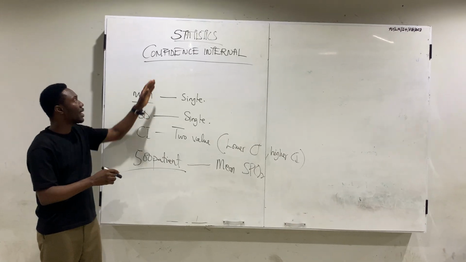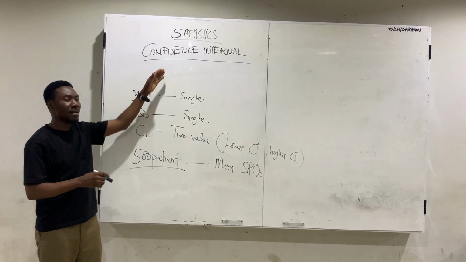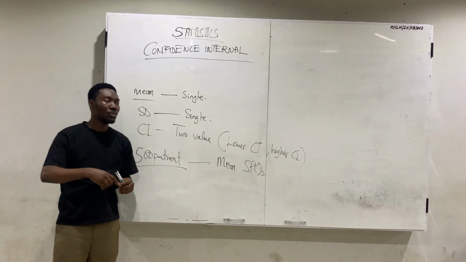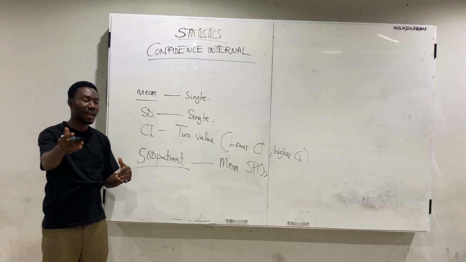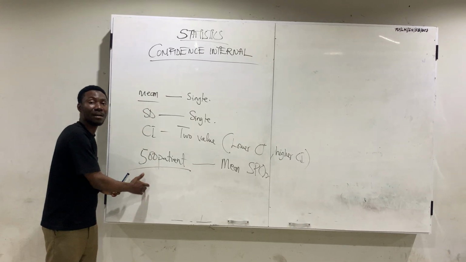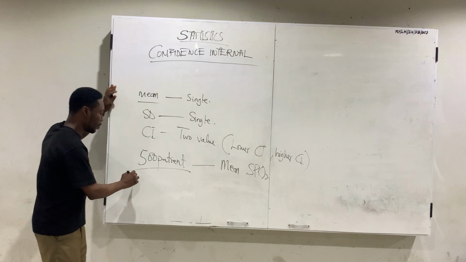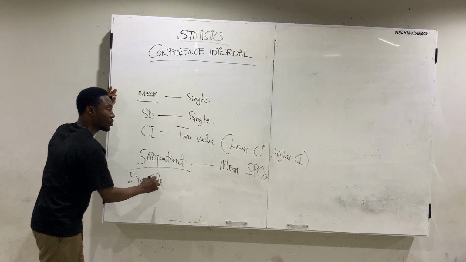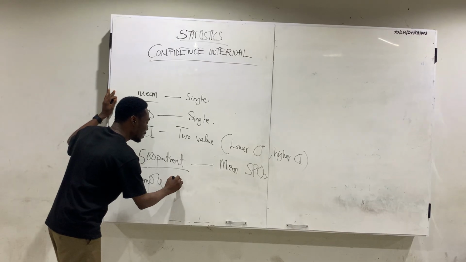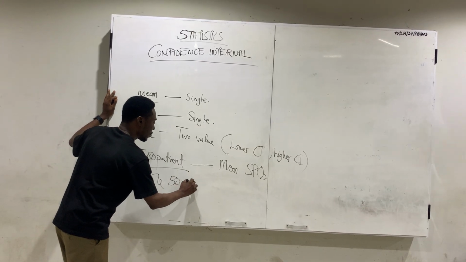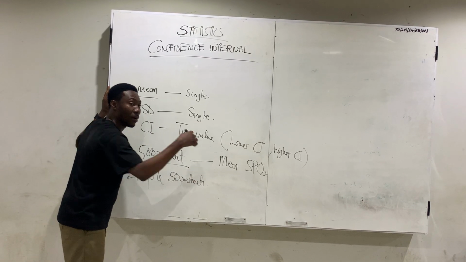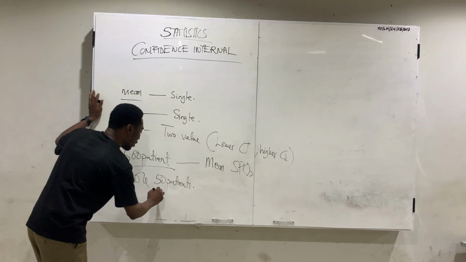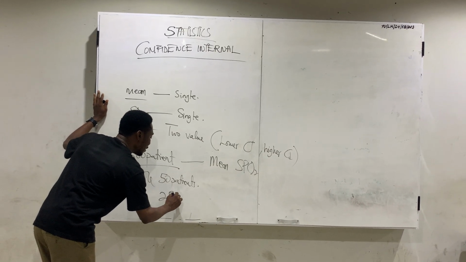Okay, but confidence interval calculation is just going to allow you to make use of a sample. For example, confidence interval can allow you to use a sample of, let's say, 50 patients. Or it can allow you to use a sample of, let's say, 25 patients.